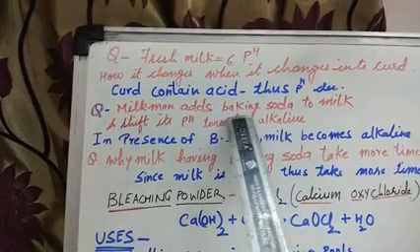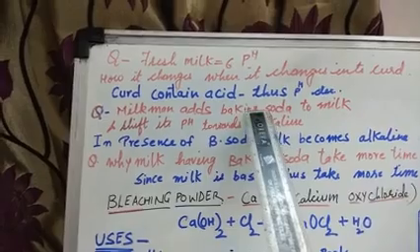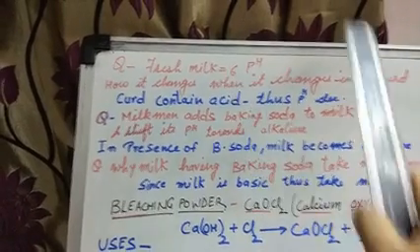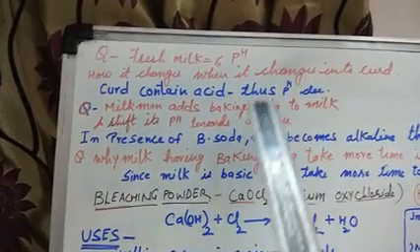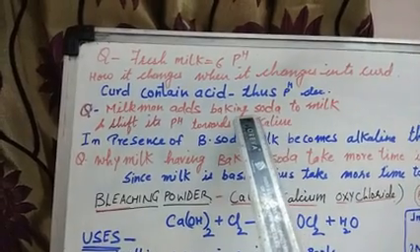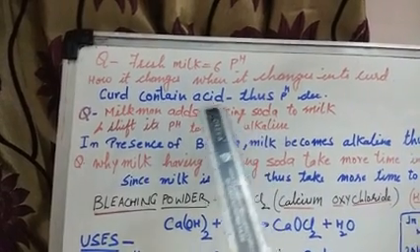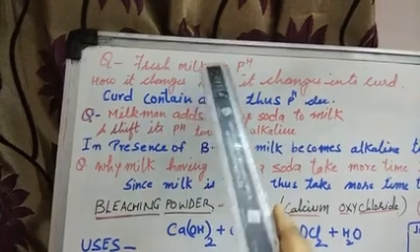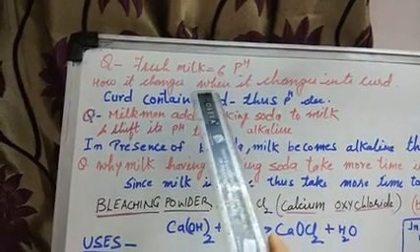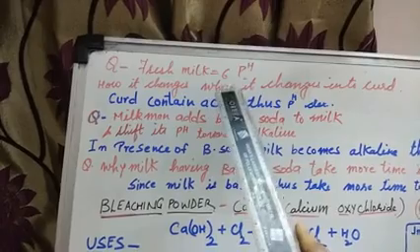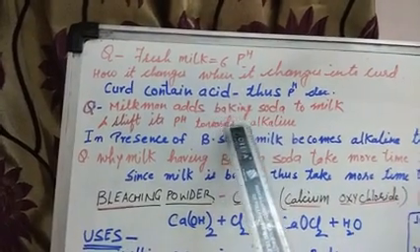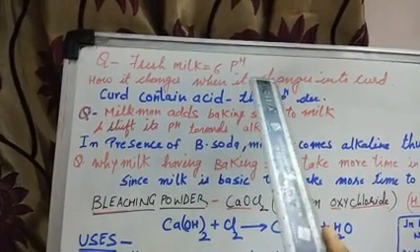the milkman adds some amount of baking soda, which increases its pH from 6, so that due to heat and temperature, the pH value does not get reduced from 6. If the milkman adds baking soda, its value increases from 6.